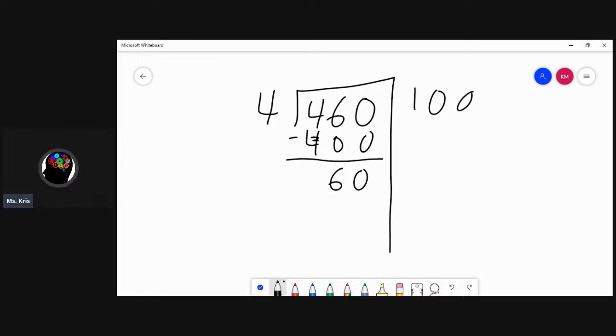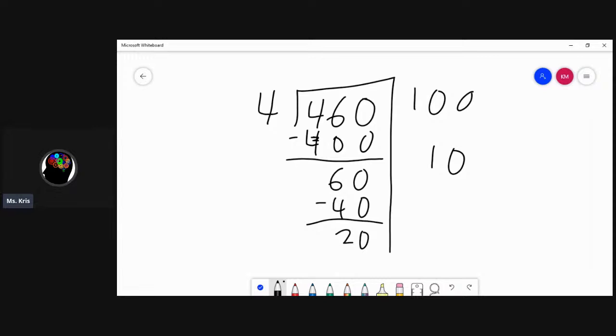Well, I know that 4 times 15 gives me 60. But what if I don't know that? I do remember that 4 times 10 gives me 40, right? So I can take 4 times 10, that's 40, and once I subtract, that leaves me with what?